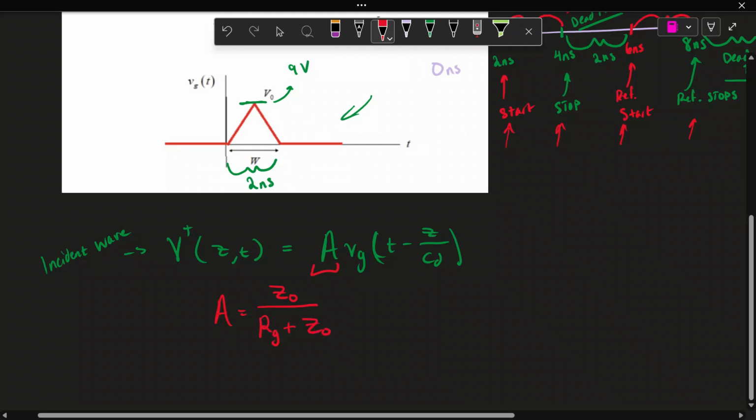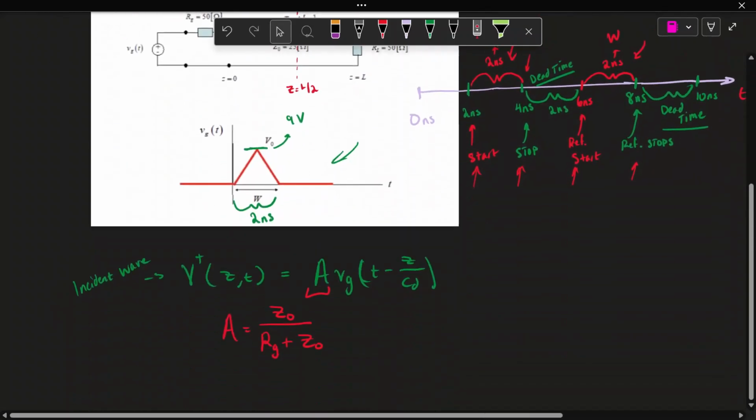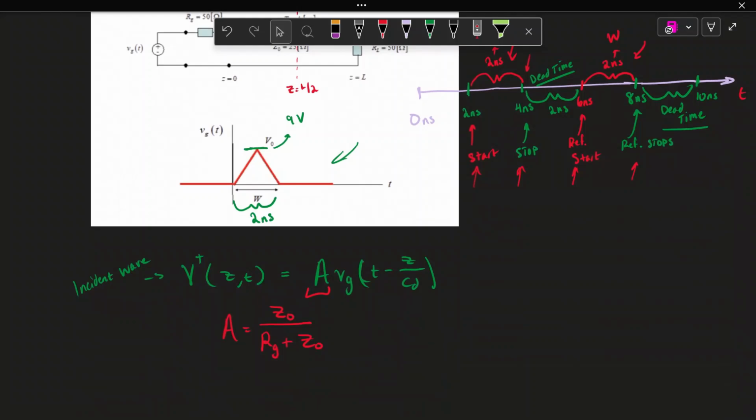A lot of the times whenever we are dealing with generators, this is going to be, I guess you could call it, the coil resistance. In generators, they have coils. I know this is true in three-phase. I'm not sure if this would be true in transmission lines, but they all have some sort of source resistance, a coil resistance.